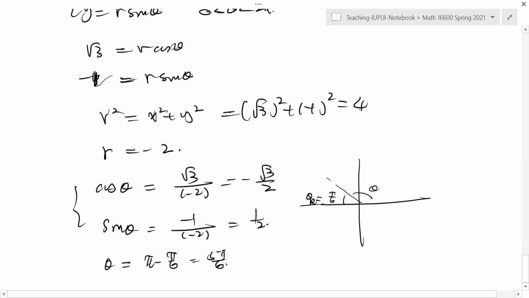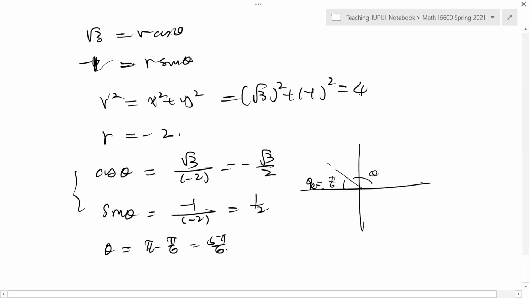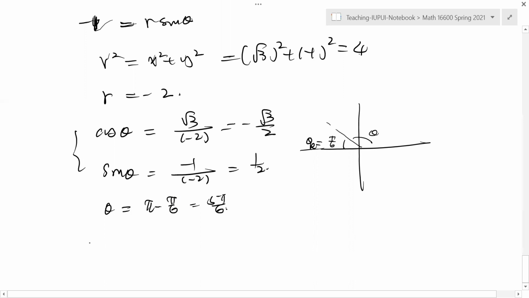So you find the expression x equals negative 2 cosine 5 pi over 6, y equals negative 2 sine 5 pi over 6.